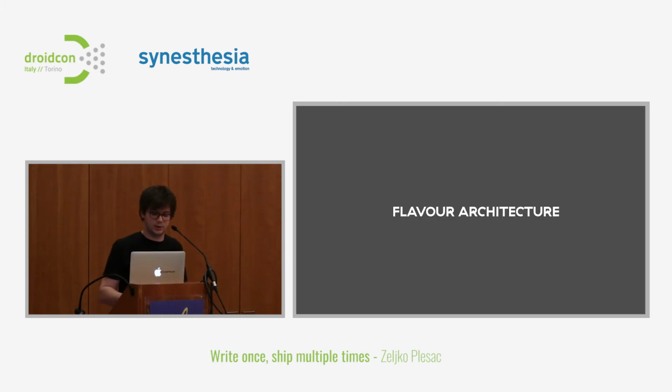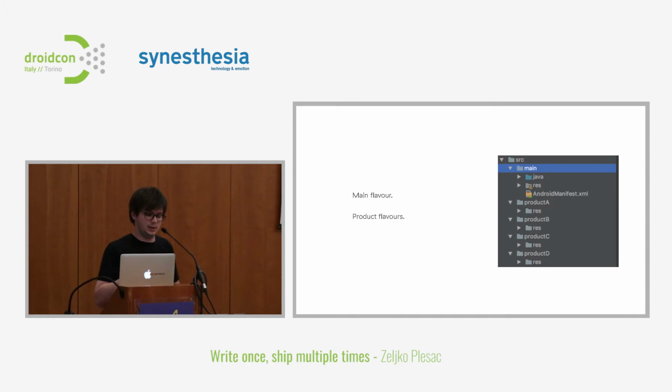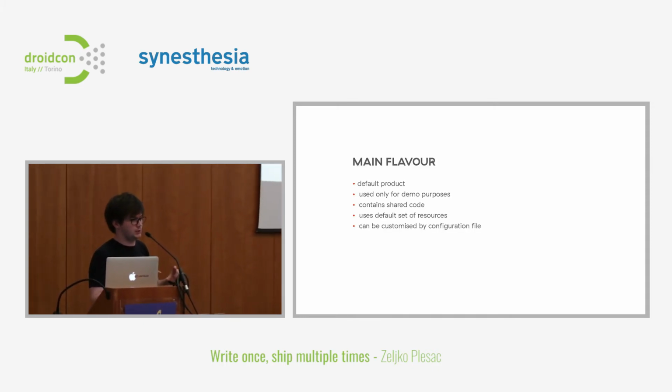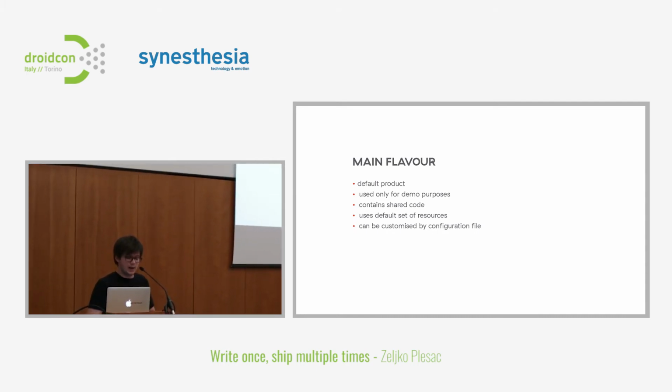OK, so for flavor architecture, pretty much everything is clear. You have the main flavor and you have product flavors. The main flavor is always the default product, it's used only for demo purposes, and it contains shared code. You can also make an additional flavor, called, for example, a demo flavor, and build from it.